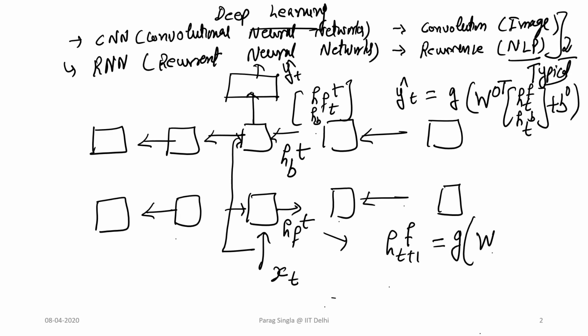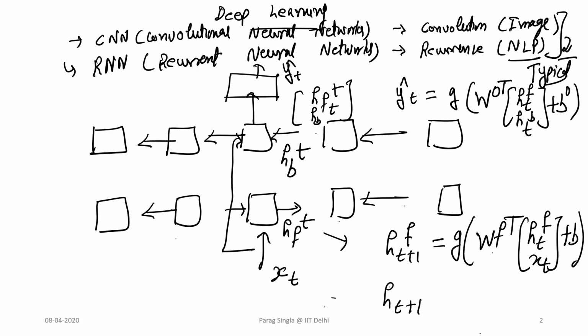So this will be W F transpose times h t F, plus x t, plus the bias term. So this is my hidden vector computation in the forward direction.